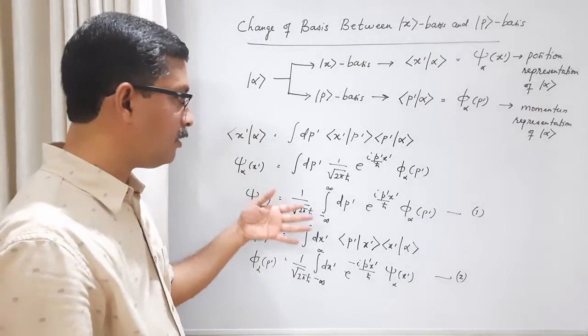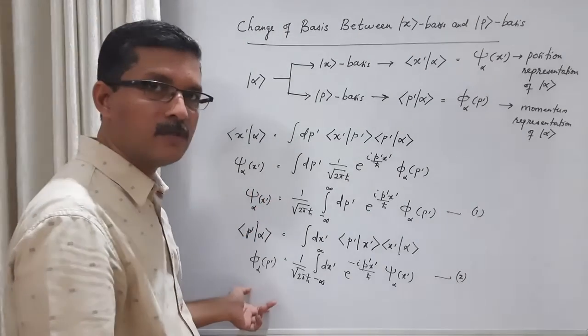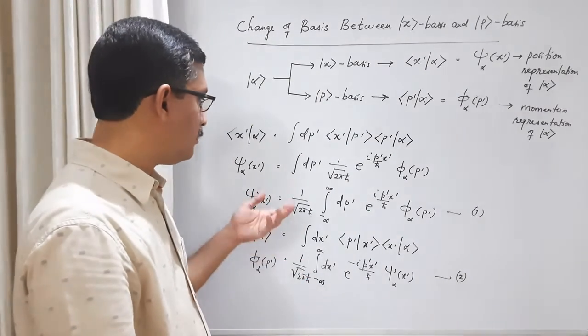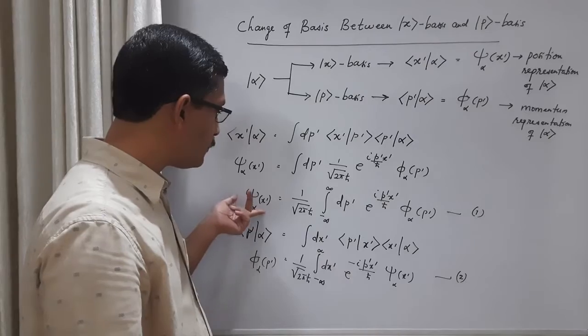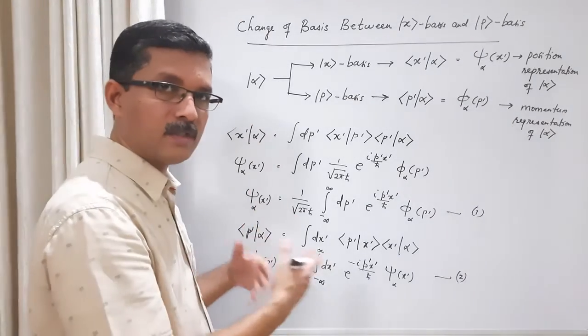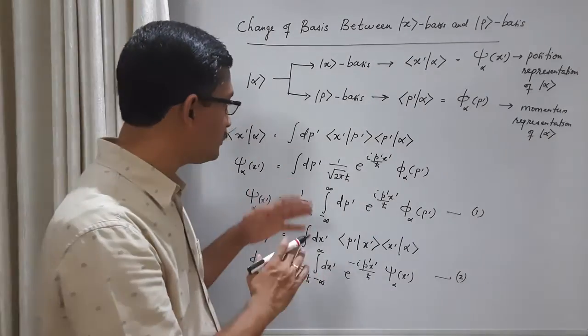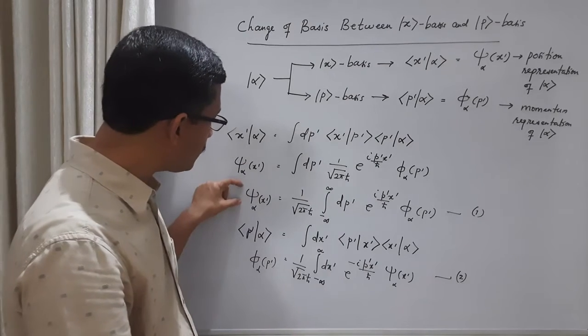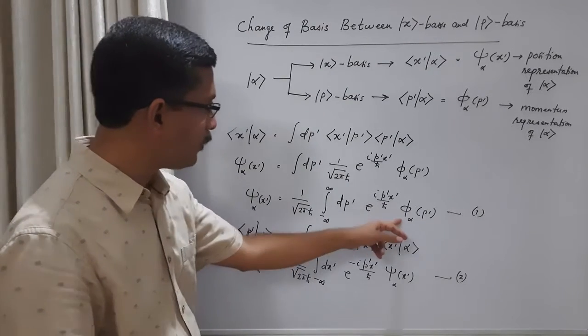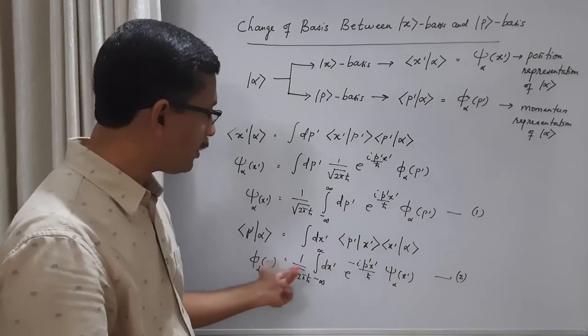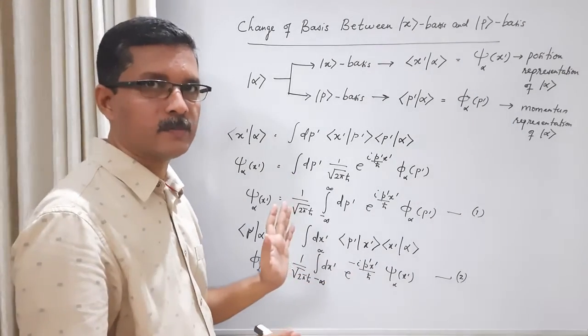We can also call this the Fourier transform and this the inverse Fourier transform, but this can be inverse and this can be Fourier transform, so that is not important. What is important is psi alpha x prime is the Fourier transform of phi alpha p prime, and phi alpha p prime is the Fourier transform of psi alpha x prime.